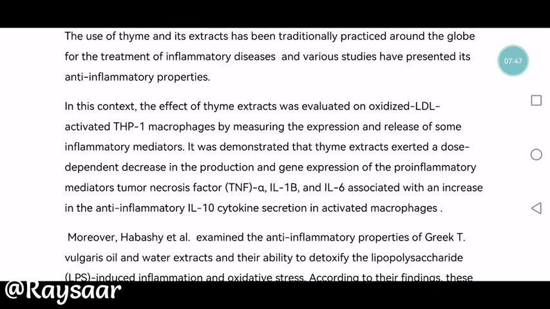It was demonstrated that thyme extract exerted a dose-dependent decrease in the production and gene expression of pro-inflammatory mediators such as tumor necrosis factor, associated with an increase in the anti-inflammatory cytokine secretion in activated macrophages.